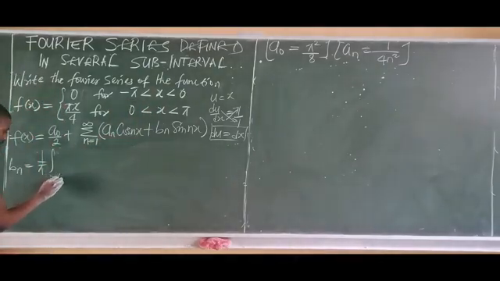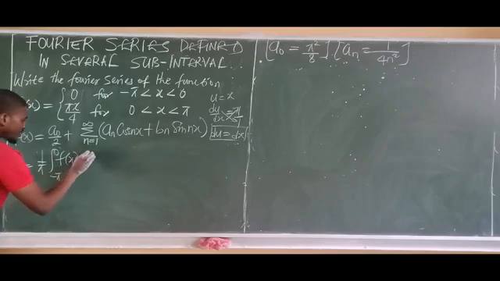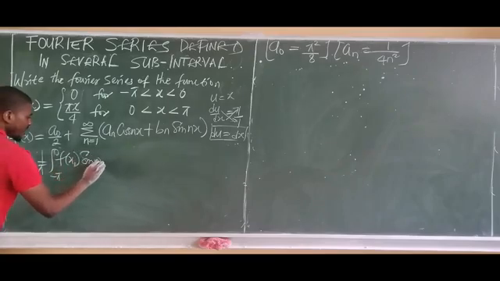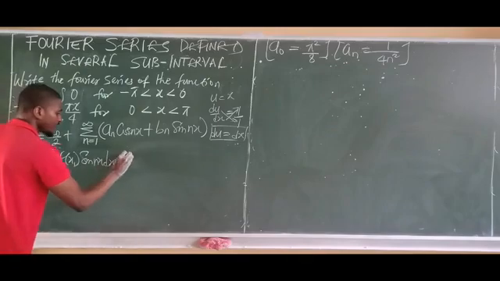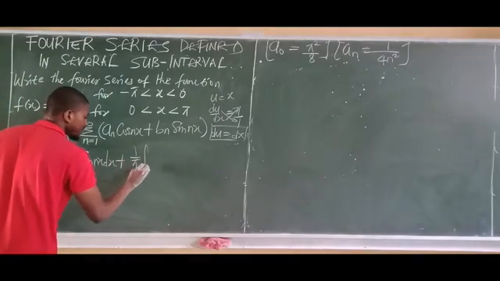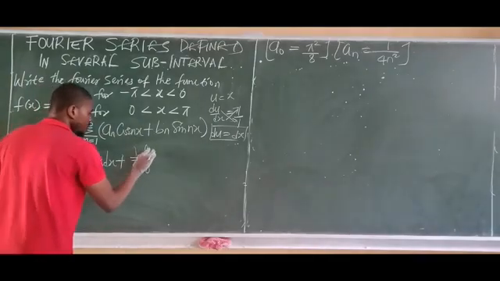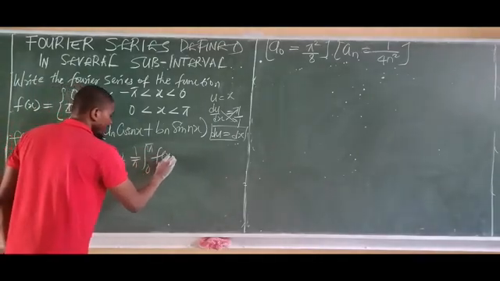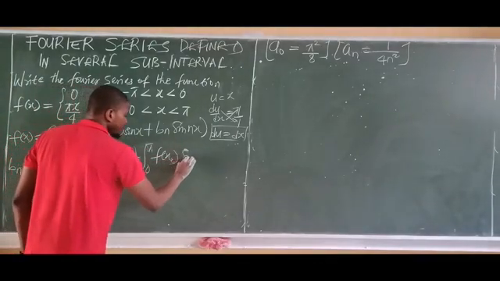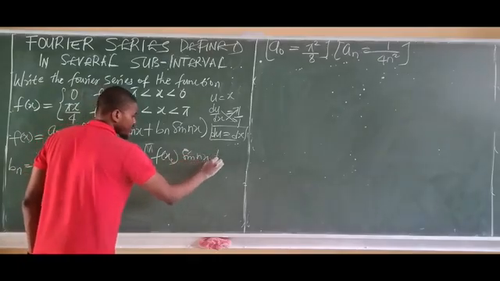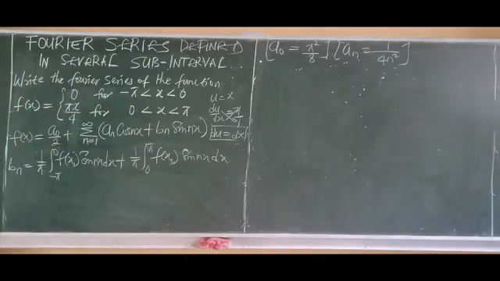We have from minus pi to 0 of f of x1 multiplied by sine nx times dx plus 1 over pi integral. Second limit now from 0 to pi. So you have 0 to pi. This is of f of x2 sine nx times dx. So let's put in the values.